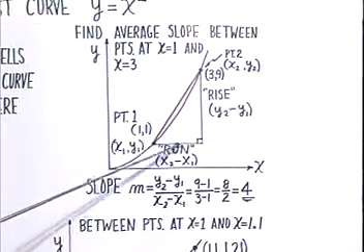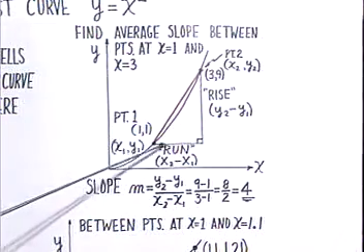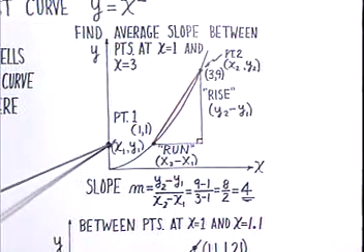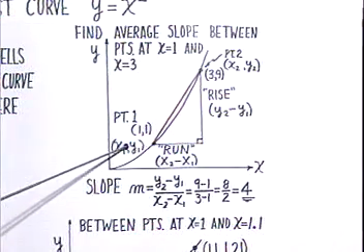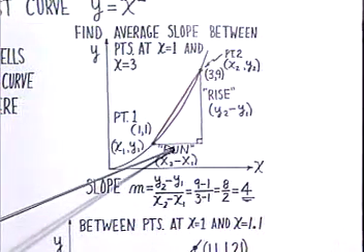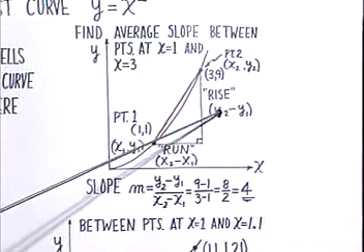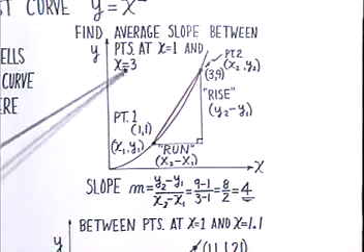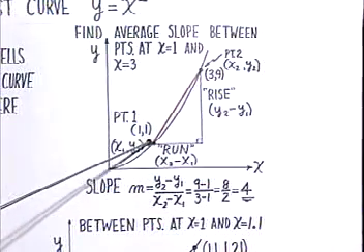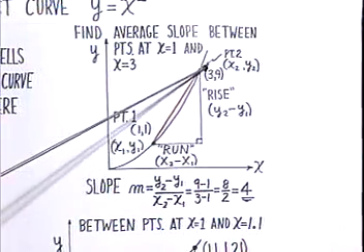And this length here is x2 minus x1, from here to there. So the slope is this divided by that, and we're doing it at the points x equal 1 and x equal 3.